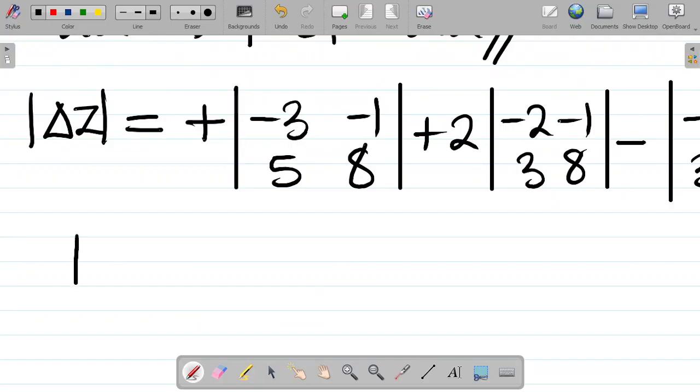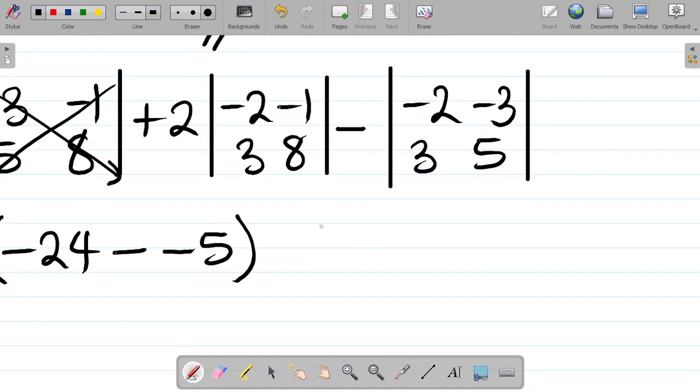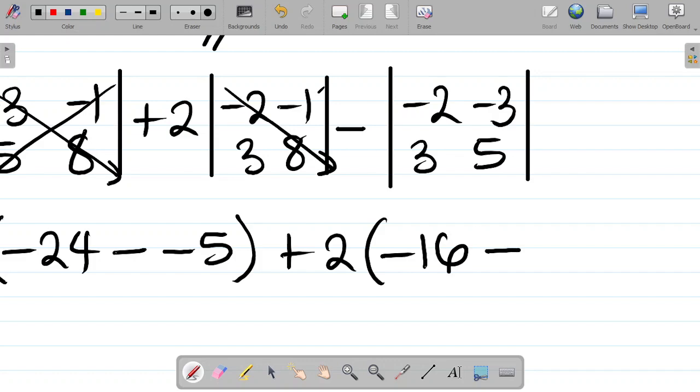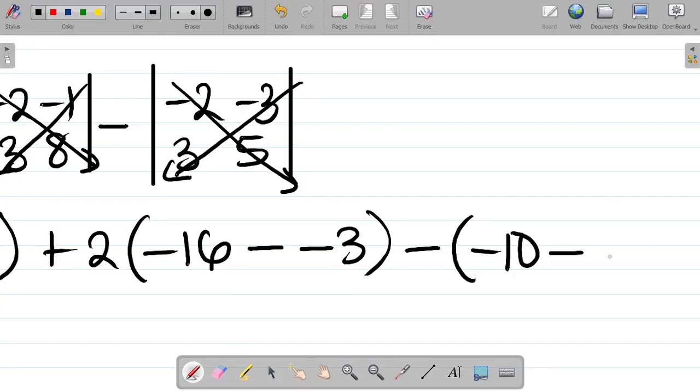So we have that the determinant of lambda z is equal to plus into minus 3 times 8 is minus 24, minus 1 times 5 is minus 5. Proceeding, this becomes plus 2 into minus 2 times 8 is minus 16, minus 1 times 3 is minus 3. Then minus into minus 2 times 5 is minus 10, minus 3 times 3 is minus 9.